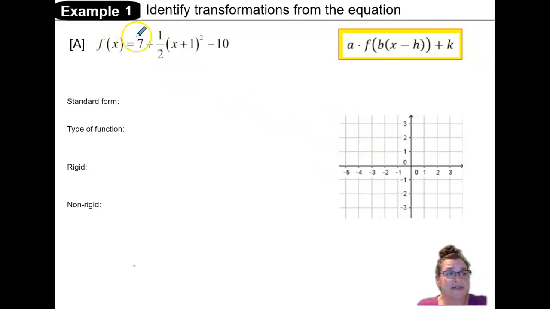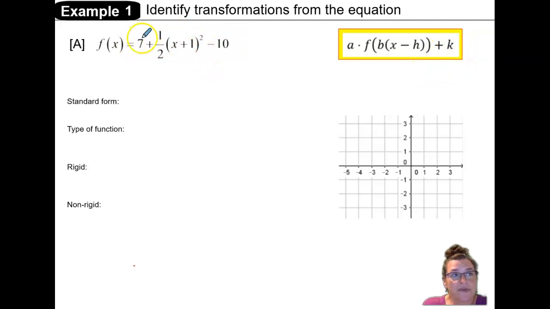We have f of x equals 7 plus 1/2 times the quantity x plus 1 squared, and then minus 10. You want to be careful before you start grabbing values and saying whether they're a, b, h, or k. Students are tempted in this example to just say k is negative 10 because it's at the end where the k is.